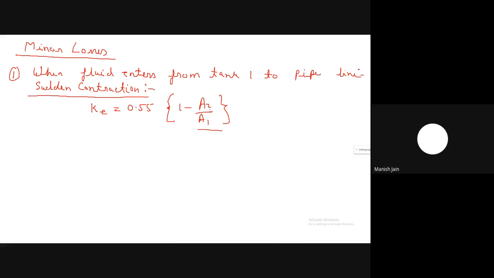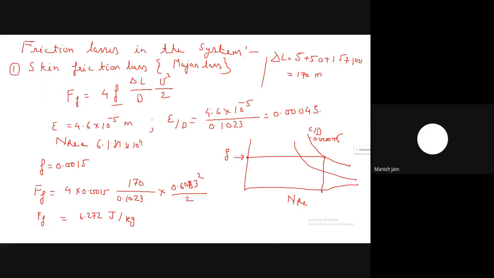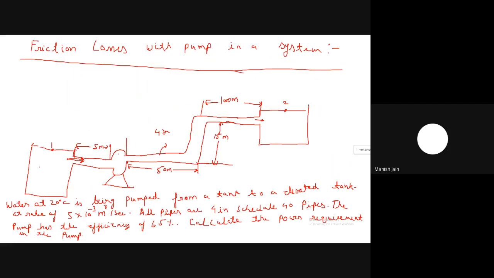In this case, the upstream dimension is much greater than the downstream dimension, because the size of the tank is much greater than the size of the pipe, so A2 by A1 is negligible.